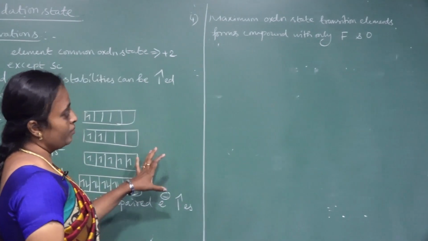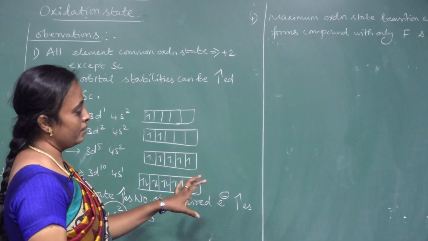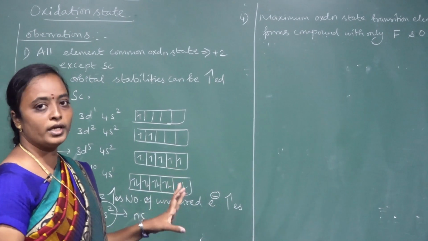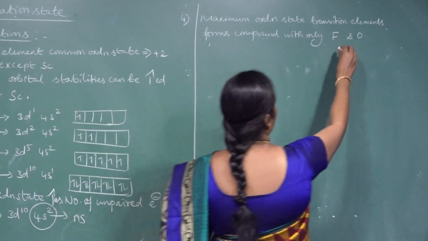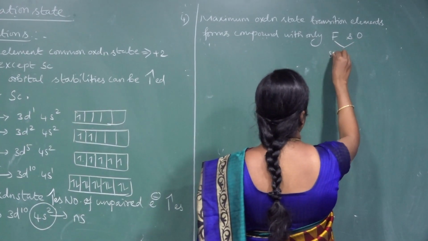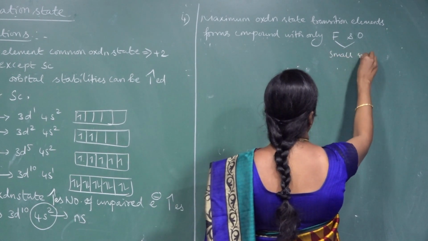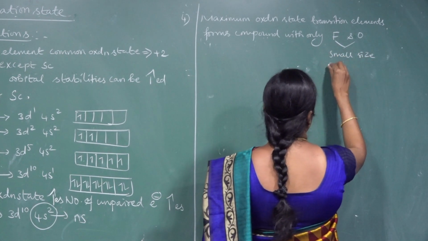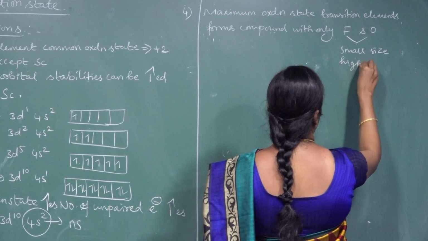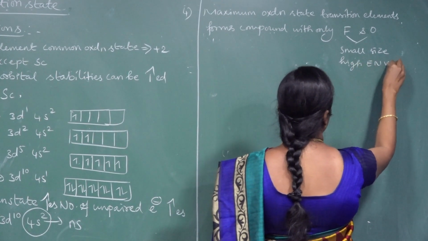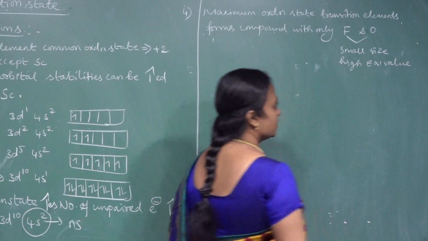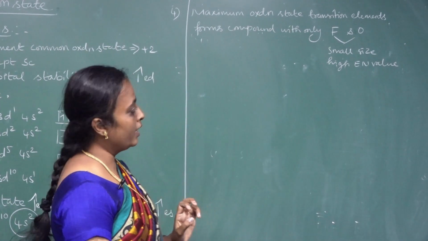That is, the maximum oxidation state transition element forms compounds only with fluorine and oxygen. Why? Because of the small size and high electronegative value of fluorine and oxygen.